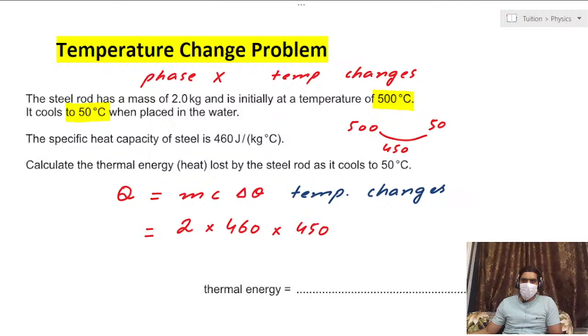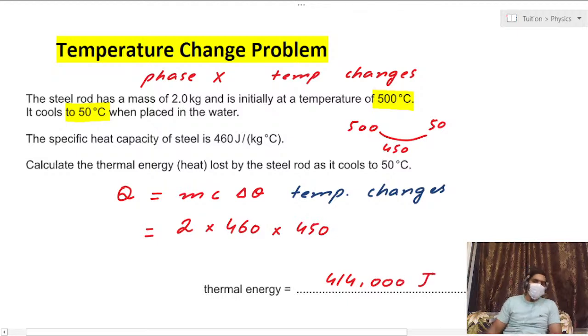So 460 times 450 times 2, 414000. All right, it would be recommended that you better write the answer in a consistent number of significant figures, like two significant figures, but that's also fine. That's totally fine as well.